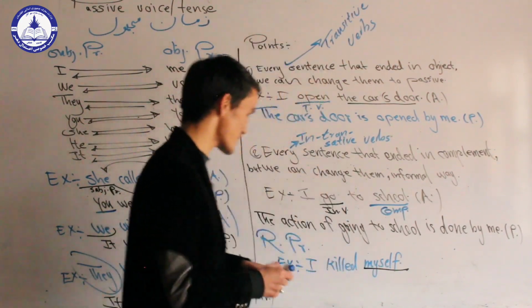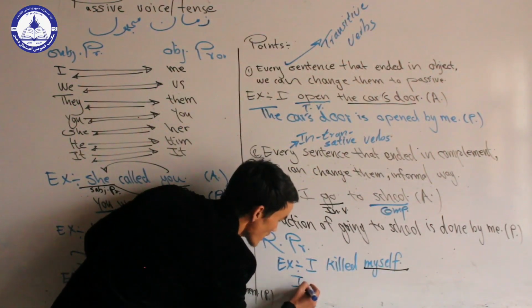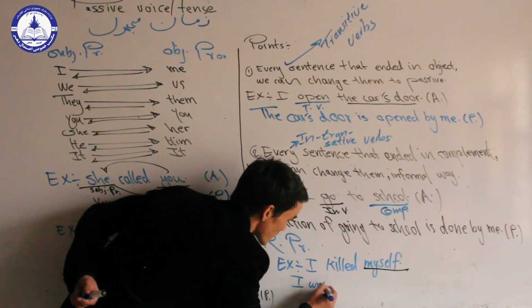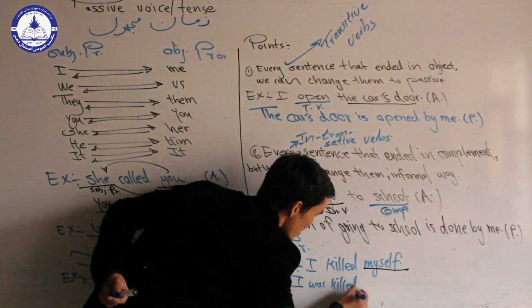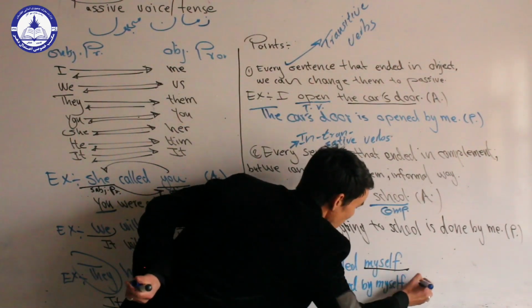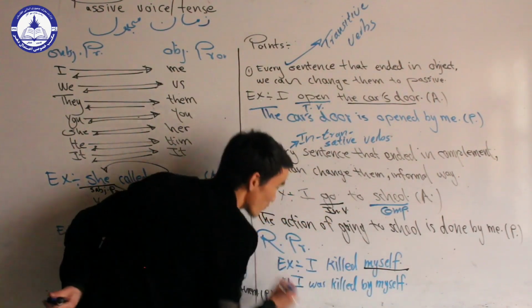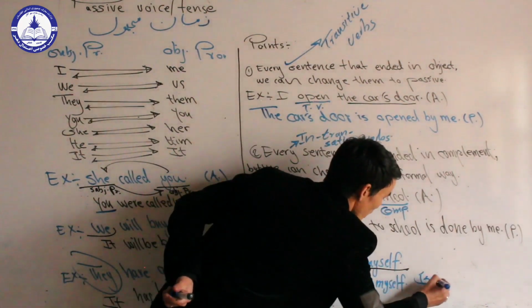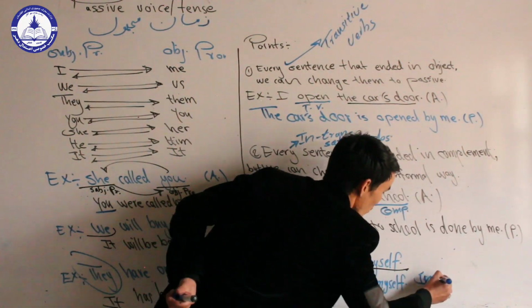Look at the examples. It is simple past tense. I was killed by myself. It is one informal way.